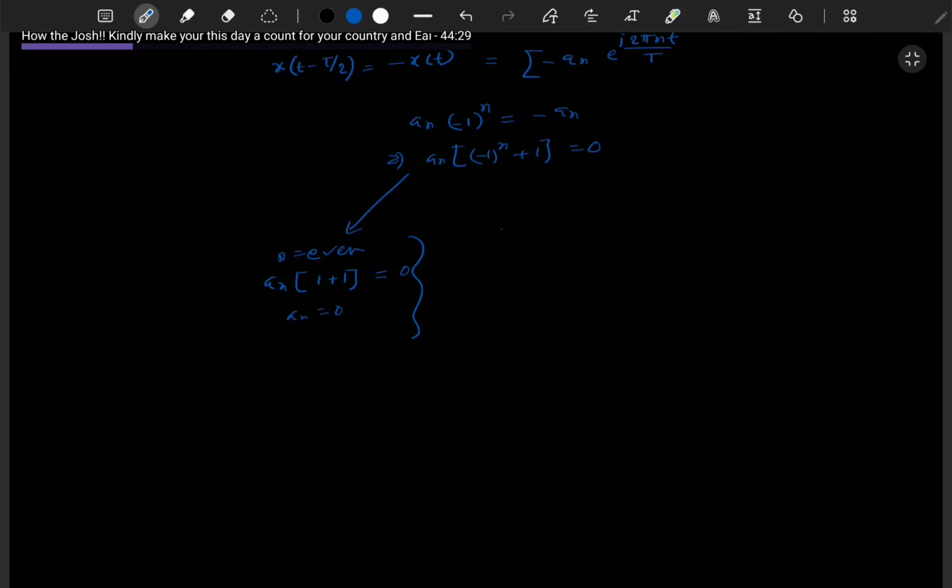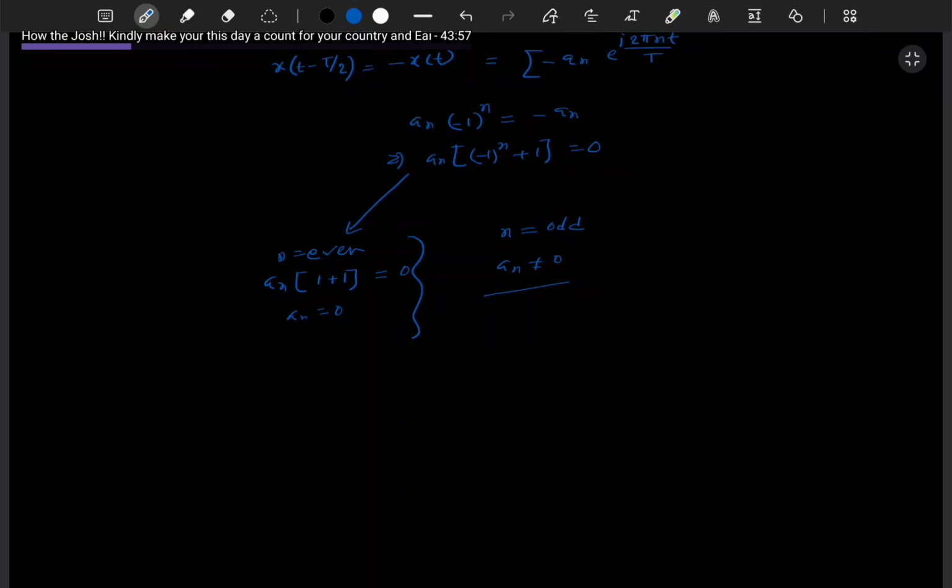For n equal to even, it is 0. For n equal to odd, it is not equal to 0.